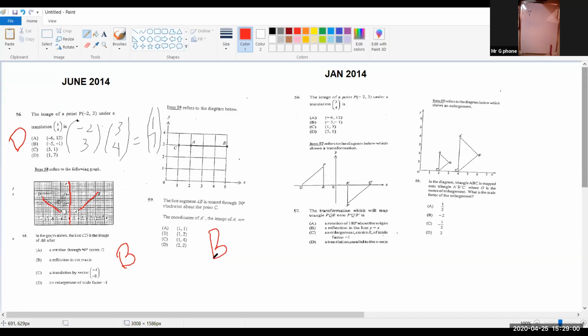Well, if it rotates about the point C, there's one block from C to A. So when you rotate it 90 degrees, A ends up one block down from C, and then you just take those coordinates for A. Which is right here, right? Yeah. So that's how I got it as well.